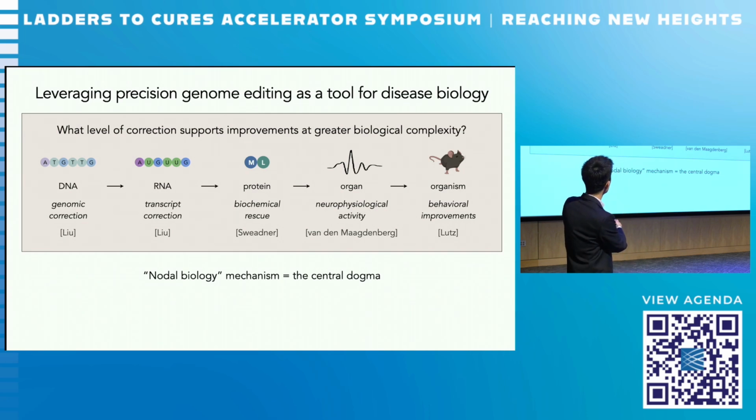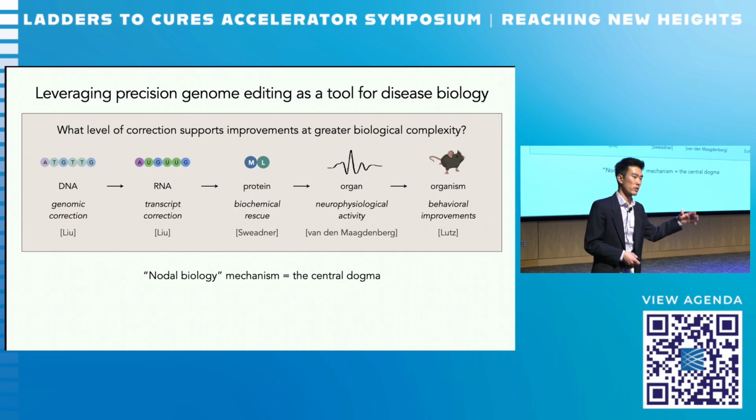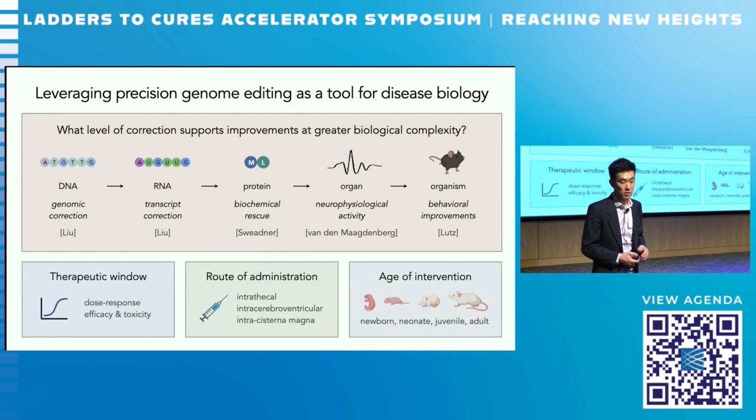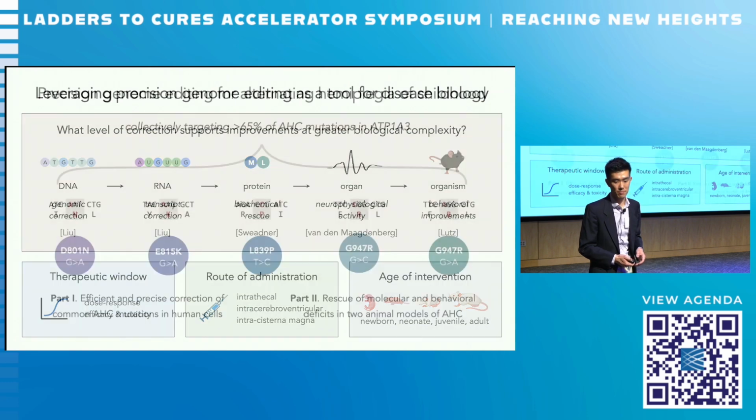For example, at what level does correction at the protein level translate into organ or behavioral level phenotypes? As we advance toward the clinic, we're also thinking about a number of other studies related to dosing, more relevant routes of administration in the clinic, as well as later ages of intervention.